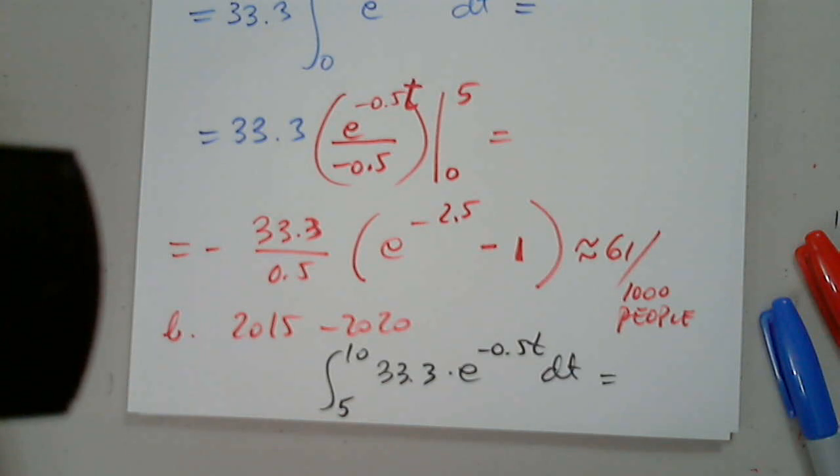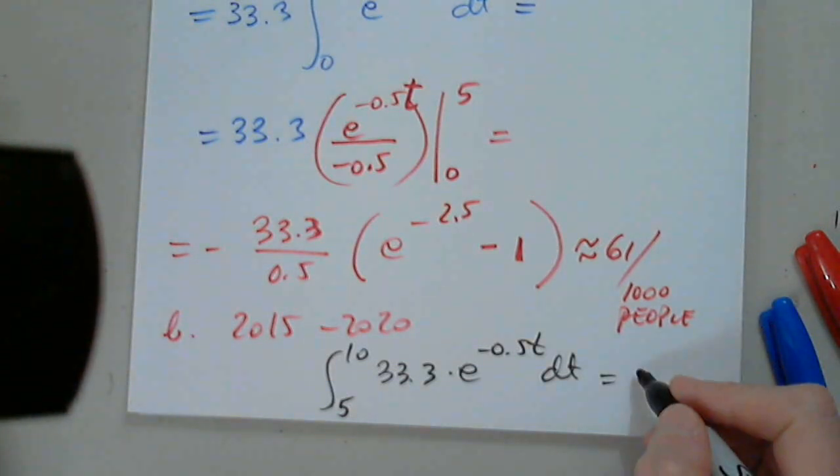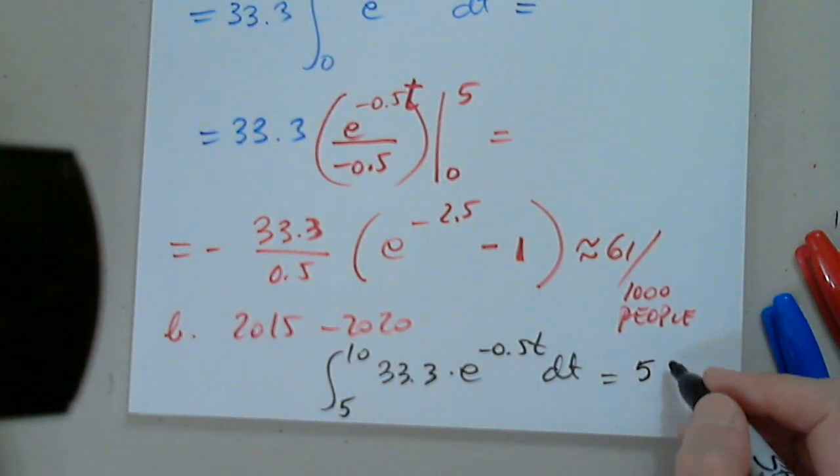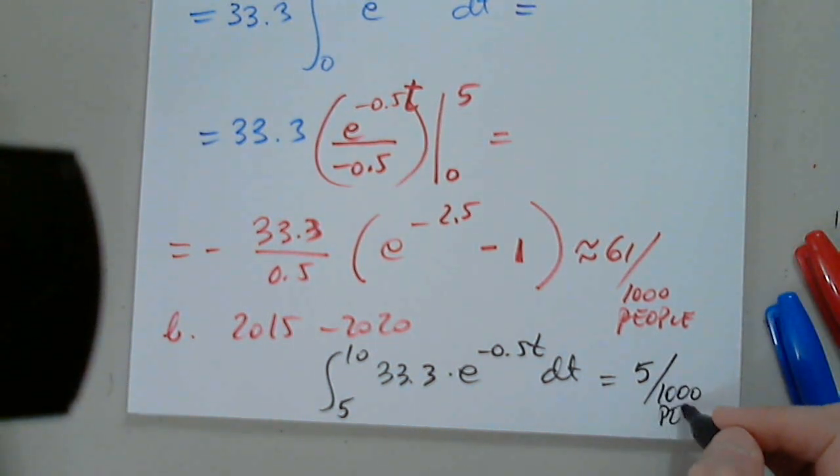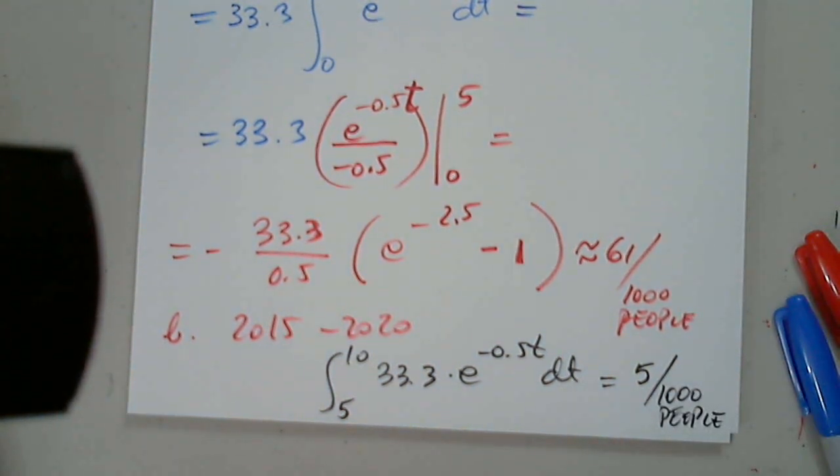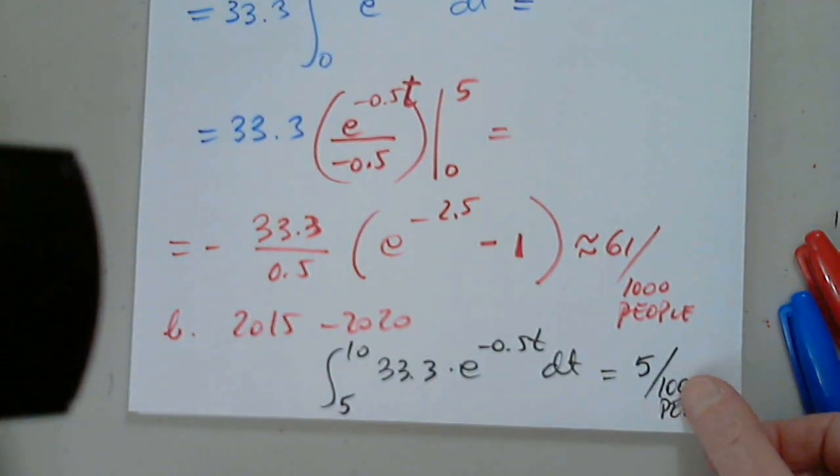Okay, so this is 5 now, and this is 10. Okay, so it's 5 per 1,000 people. Good. Anything else you would like to go back to? Do you want to work on other integrals, or we move on?